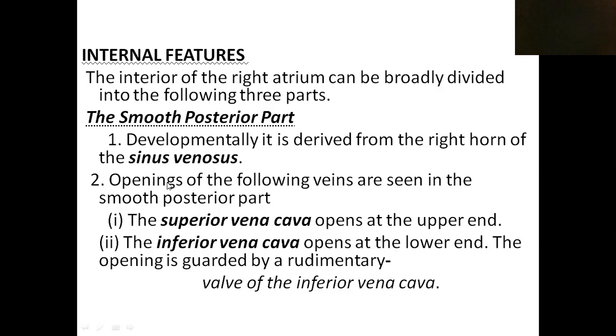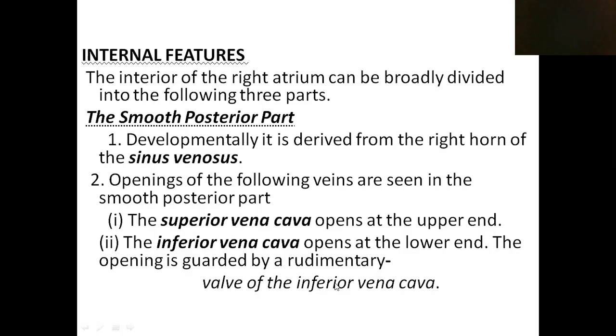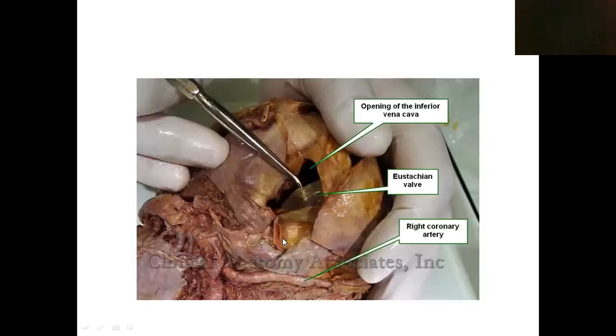Then there we can see some openings. The opening of the superior vena cava at the upper end, then the inferior vena cava at the lower end, and that opening is guarded by a valve, the valve of the inferior vena cava. See here, this is the opening of the inferior vena cava, and this sheet acts like a valve known as the valve of the inferior vena cava.